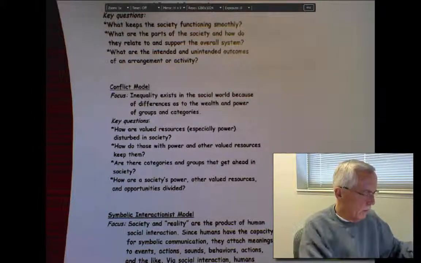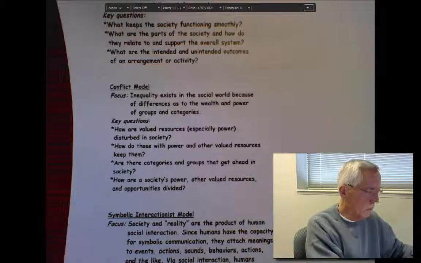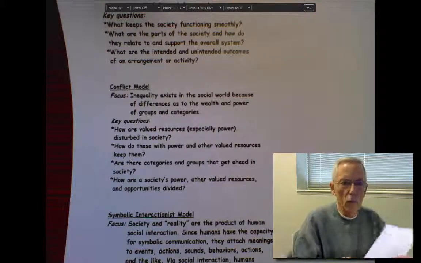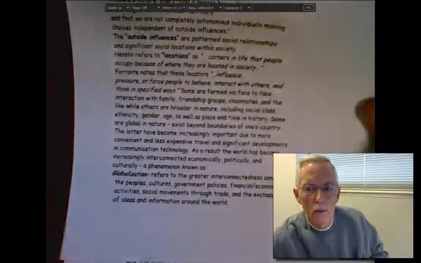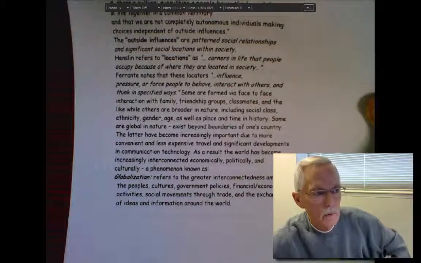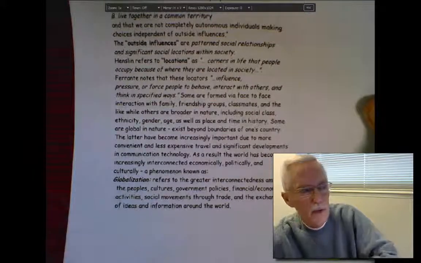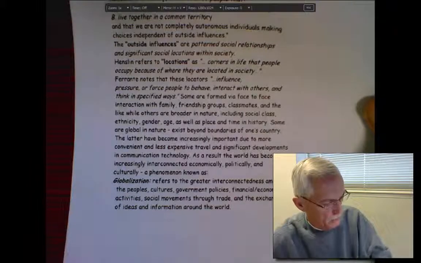Now, if you will notice over on the first page of the study guide, and this goes on over for several other pages, I highlighted globalization. What you see basically here is sort of a working definition of globalization.